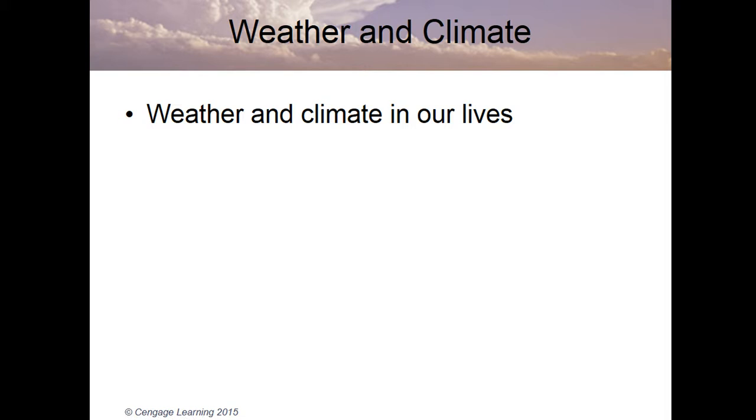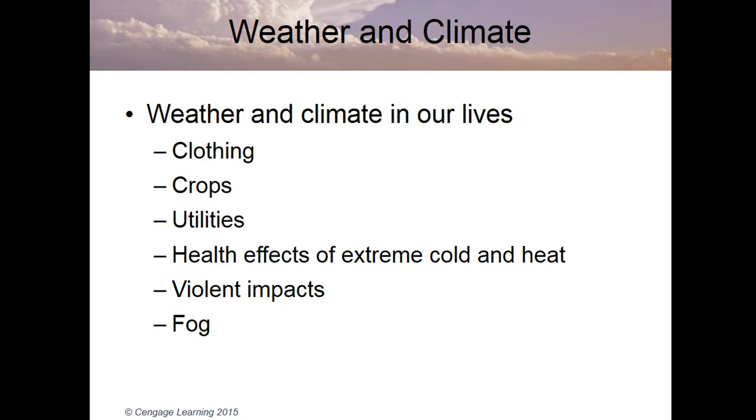And we also know how much weather and climate can affect our lives. It affects everything from the clothing that we wear, to where and when we grow our crops, to the types of utilities that are in use, from air conditioning to heating in the various seasons, and how much money we're spending.